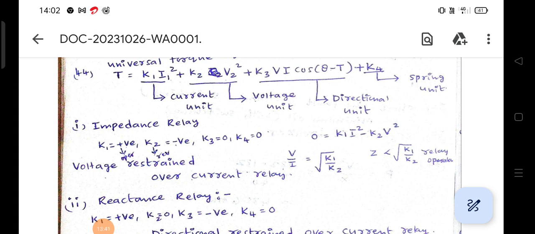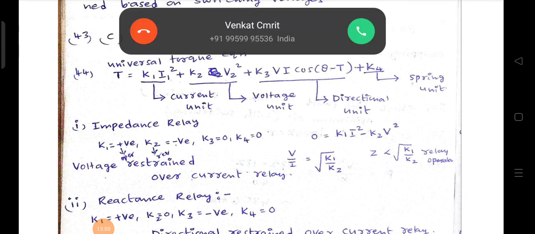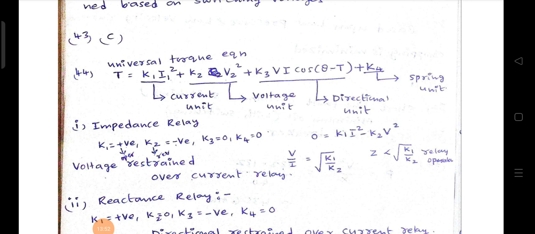In case of an impedance relay, K1 is positive, K2 is negative, and K3 and K4 values are 0. To solve this equation, K1 is positive, K2 is negative, K3 is 0, K4 is 0, so you can assume it goes from negative to positive.